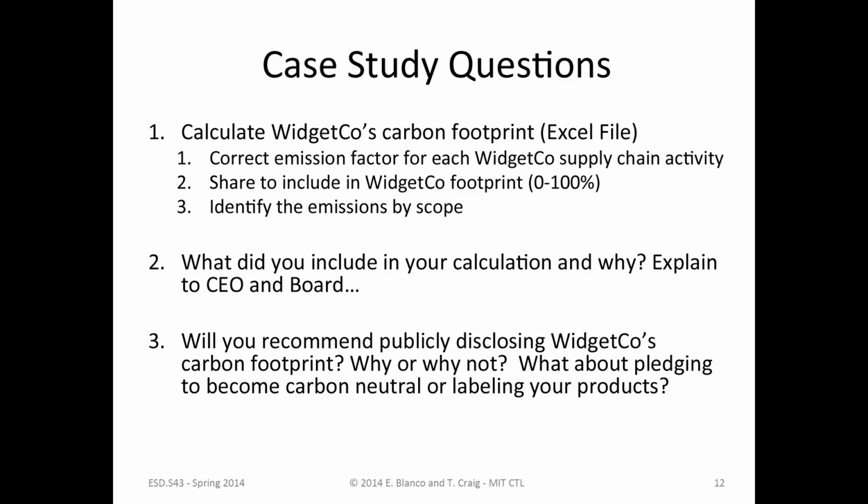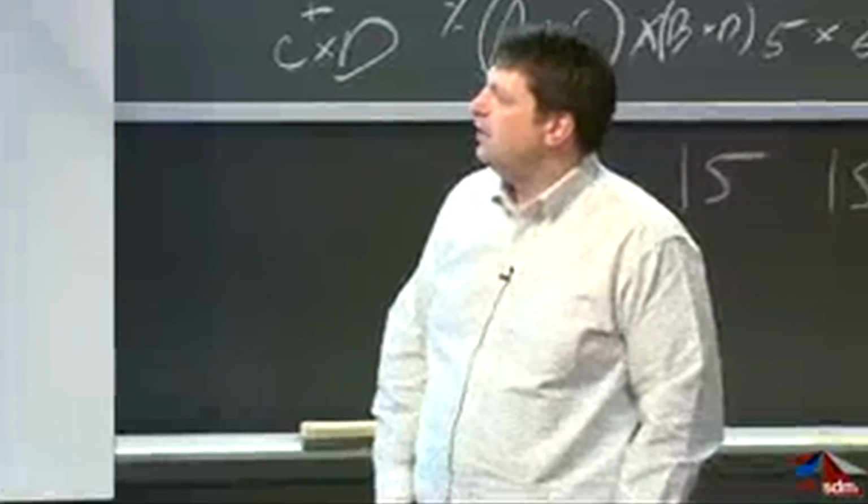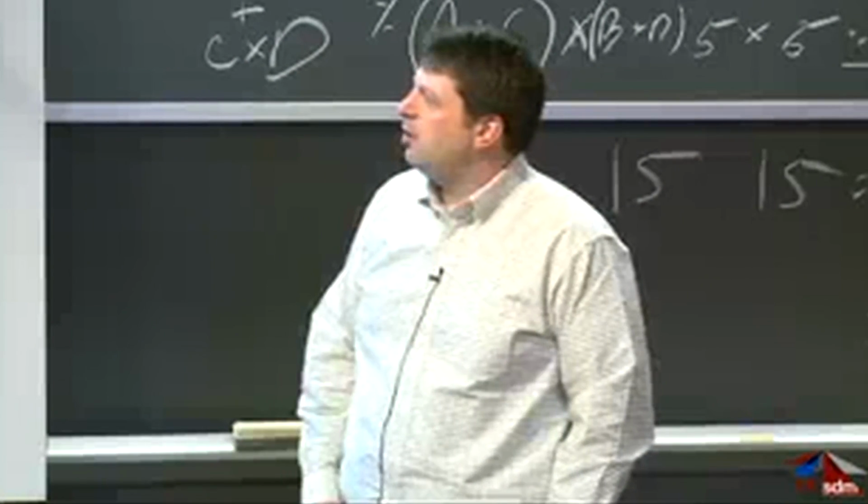And identify whether they're Scope 1, Scope 2, or Scope 3 emissions. Decide whether you're going to disclose this and what you're including. And also, given what Ferrico is doing, how do you feel about pledging to become carbon neutral or labeling your products? So we've already gone through it.